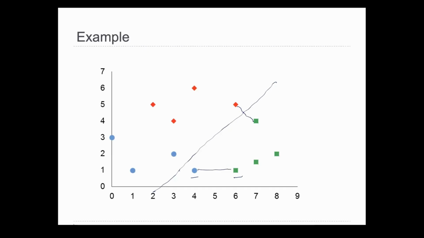Suppose this is the closest pair now. Consider a hypothetical straight line and then draw a perpendicular bisector. Now we will combine these two straight lines, and if we combine, it will look like this. Now we have three groups. On one side, we have the green data points.